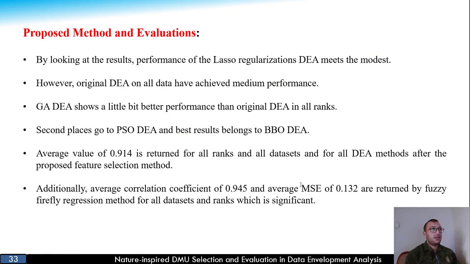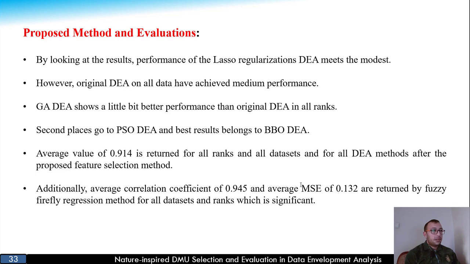By looking at the results, the performance of the LASSO DEA is modest. However, original DEA on all data has achieved medium performance. GA DEA shows a little bit better performance than original DEA in all ranks. Second place goes to PSO DEA, and the best result belongs to BBO DEA.